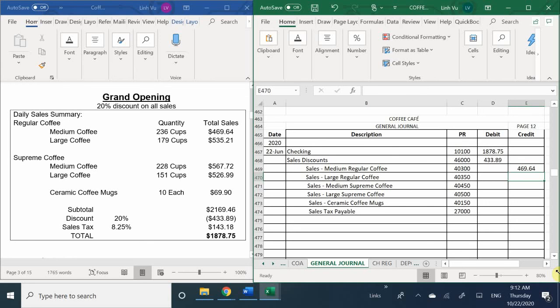Yep. 535.21, 567.72, oh, 572, yes. Okay. 526.99, hold on, 526.99. Yes. Okay, good. And then $69.90. Good. And then the tax payable is 143.18.